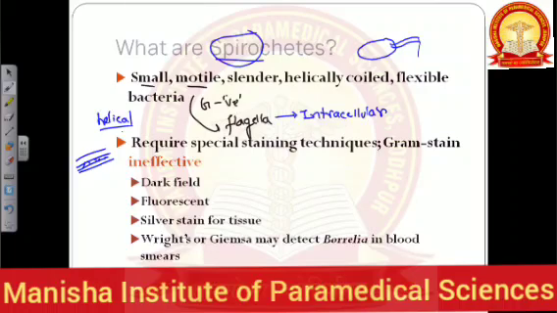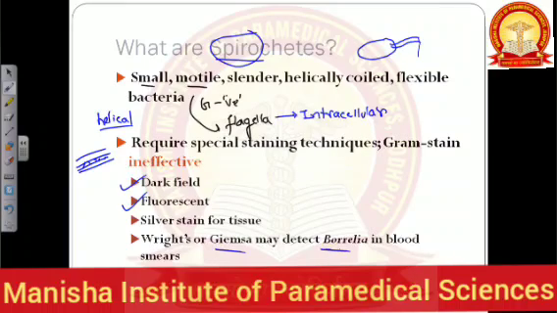But they cannot be stained using normal gram stain. Usually we need to visualize them in dark field or fluorescent microscopy or using silver stain, right? If you stain them with GMSA stain, they can also be seen.